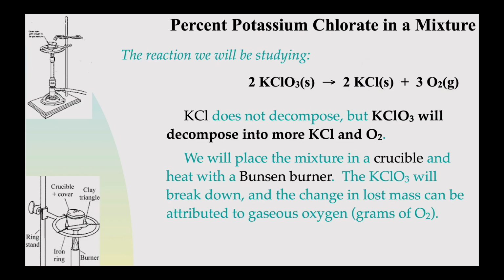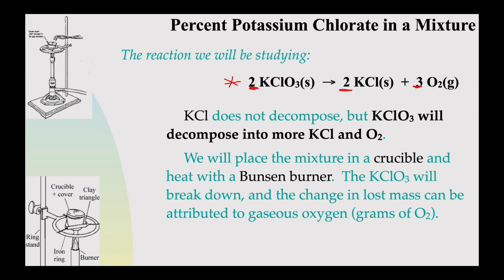Here's the overall balanced reaction for what's happening. Potassium chlorate breaks down to potassium chloride and oxygen. Because oxygen is a diatomic, we're going to write it as O2, but the chlorate has 3 oxygens in it. So we're going to add stoichiometric coefficients of 2 and 2 to both of the potassium pieces, while the oxygen gets a 3.